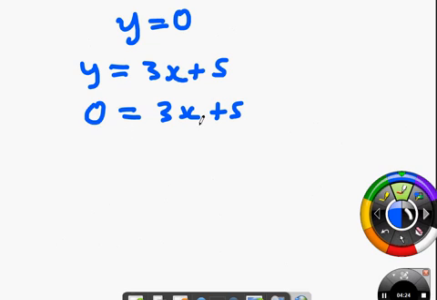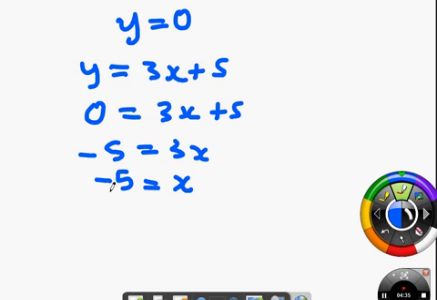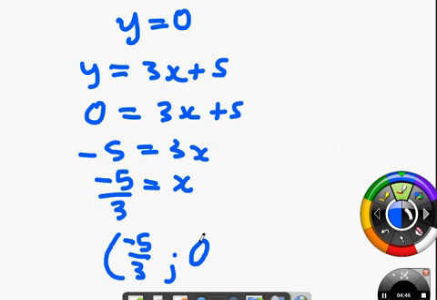The 5 now comes this side, becomes minus 5 is equal to 3x, and subsequently x becomes minus 5 divided by 3. This would give us the point minus 5 over 3 for x, and the y becomes 0.